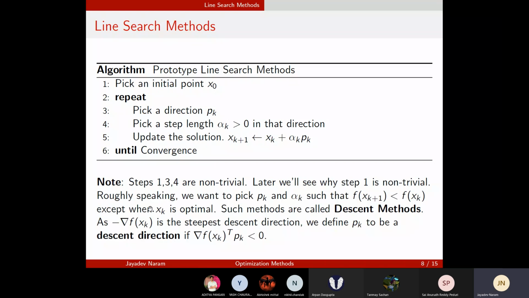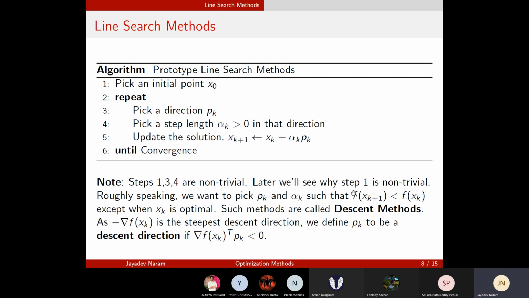Roughly speaking, the goal of a line search method is that whenever we update the solution, the function value at the updated solution should be strictly less than f of x_k, the current solution.